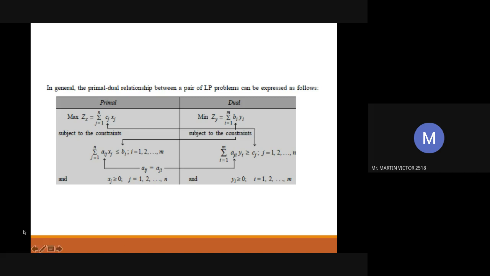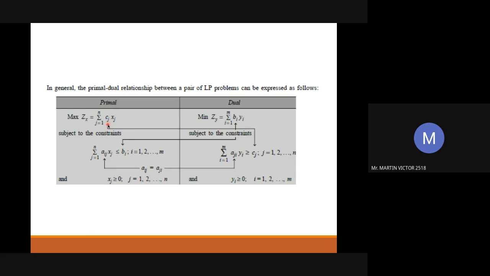I think you can see here some of the arrow marks. This is our given primal problem. Now this has been transformed into its dual. This is our objective function.